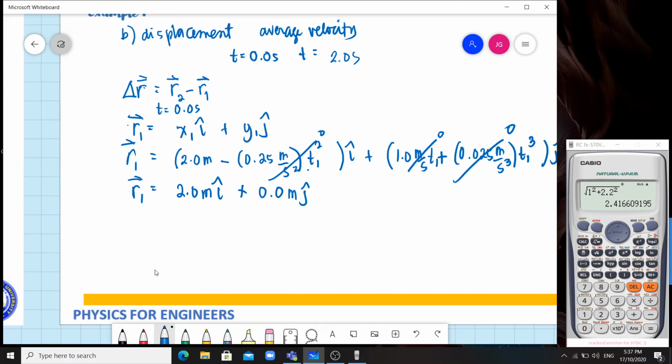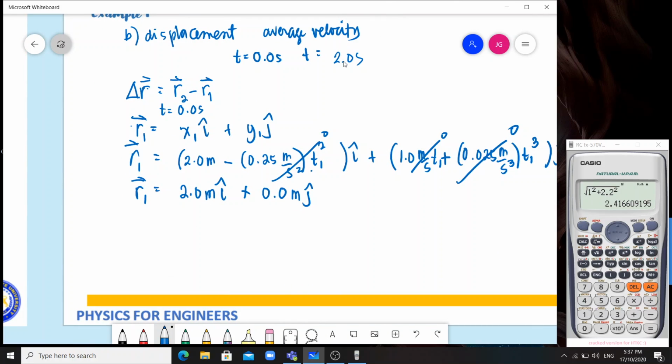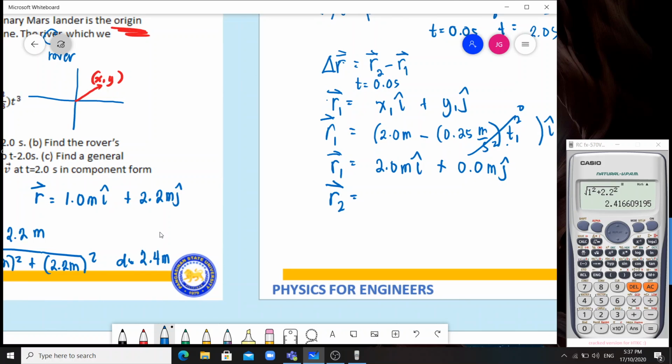Ang R2 naman, nakuha na natin siya kanina. So, let's just represent it as vector. Ang R2 natin, ang x component natin here is 1.0 meter i plus 2.2 meter j. Okay. So, para makuha natin si displacement, we just have to subtract R1 from R2. Ayan.